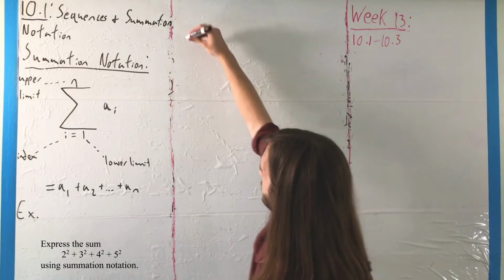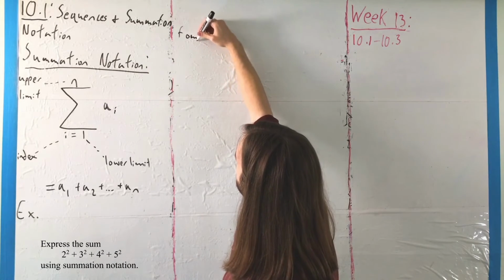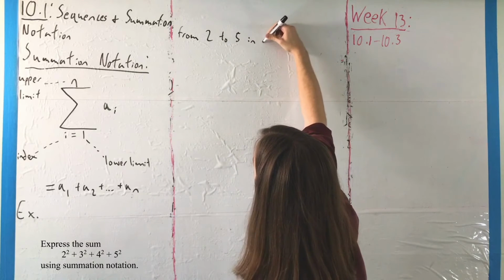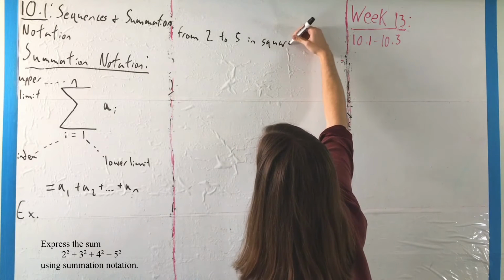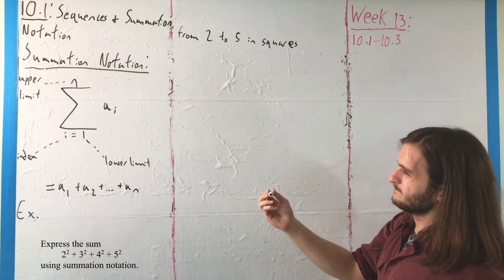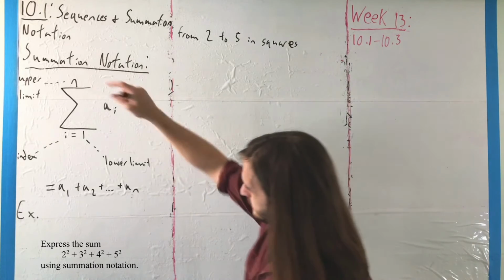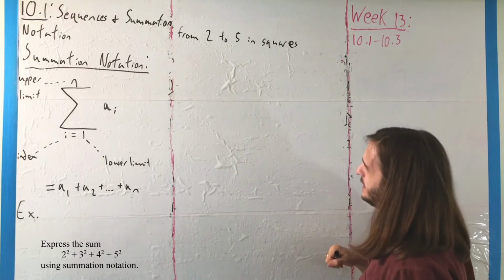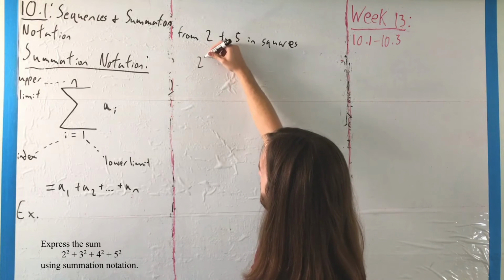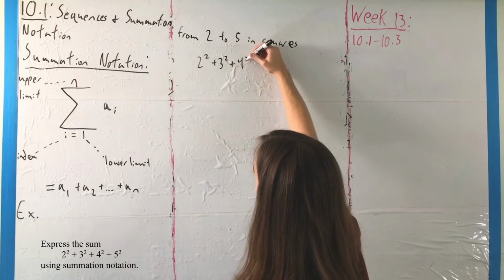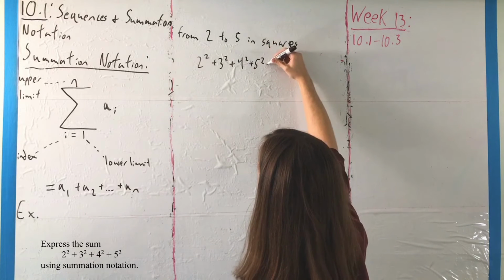So we're going from 2 to 5, and I'll just call them squares. So if you want to think about what this is going to give us in terms of that pattern: 2 squared plus 3 squared plus 4 squared plus 5 squared.